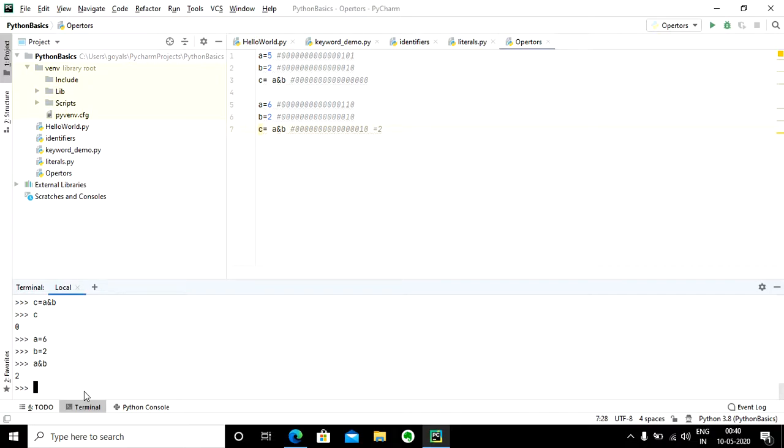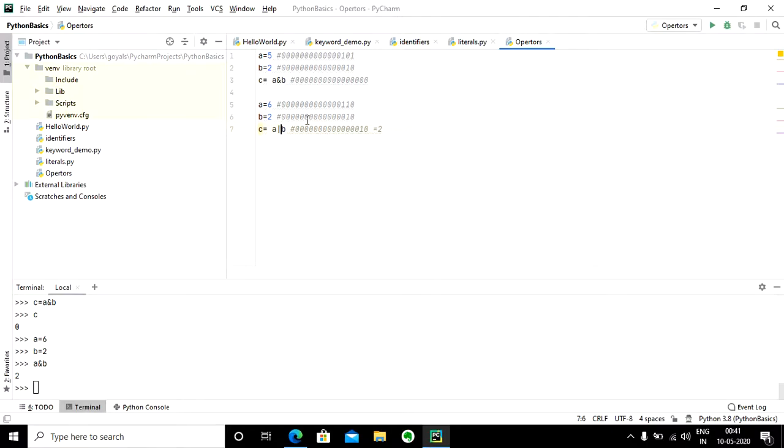So bitwise OR is similar to logical OR. Bitwise OR is represented by a single pipe sign.